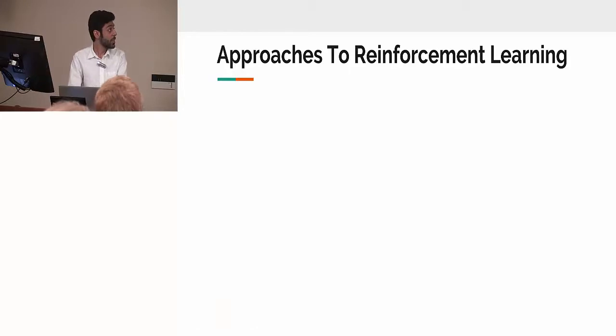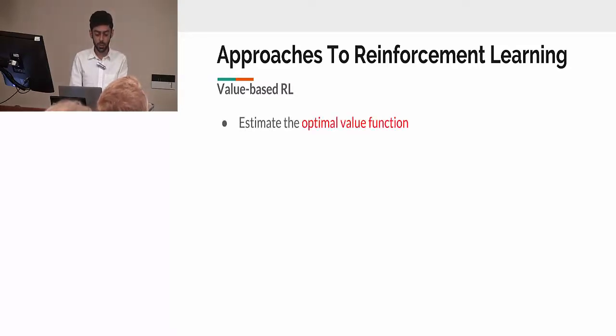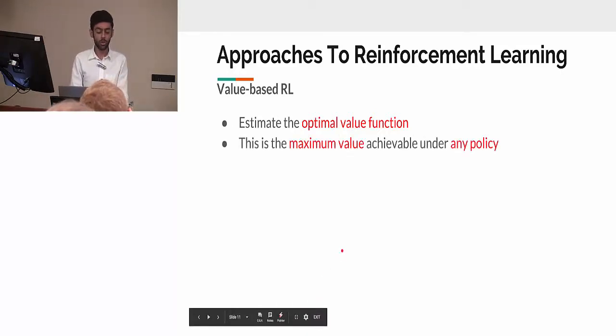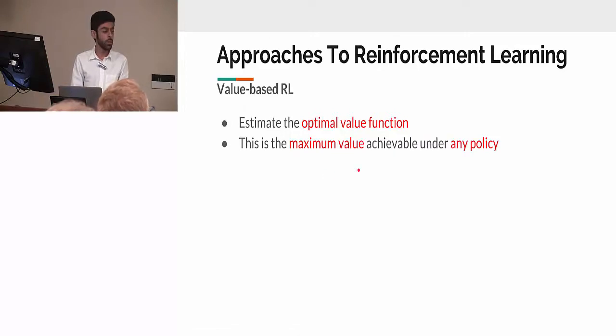So based on the elements that reinforcement learning has, there are different approaches to solving reinforcement learning problems. Value-based reinforcement learning tries to find the optimal value function, which means finding the maximum value achievable under any policy. They don't care about the policy, they just want to optimize the value function.